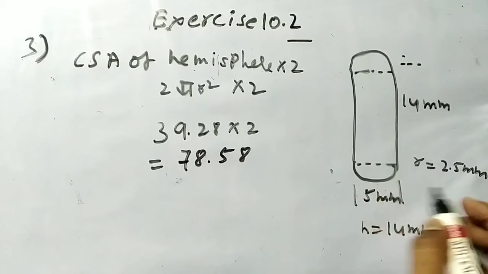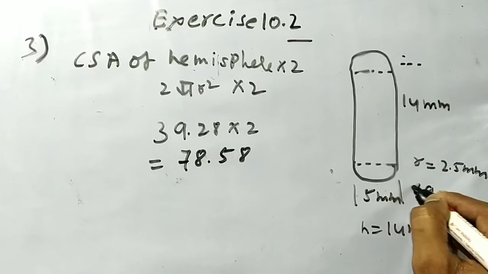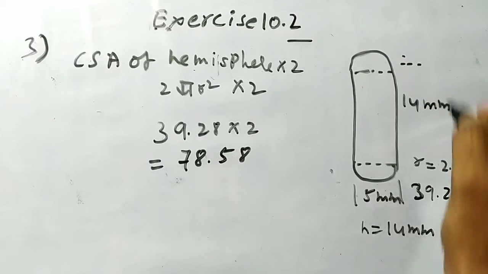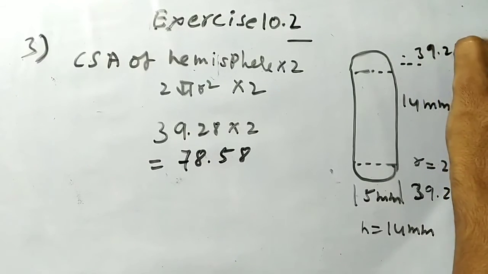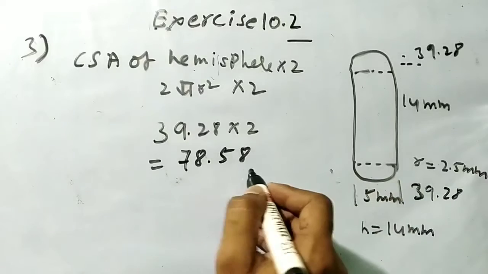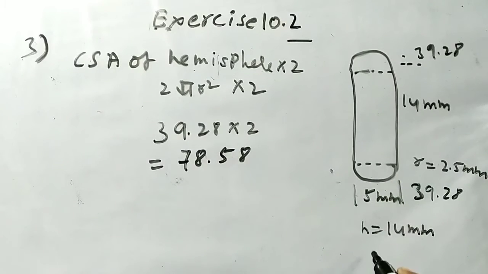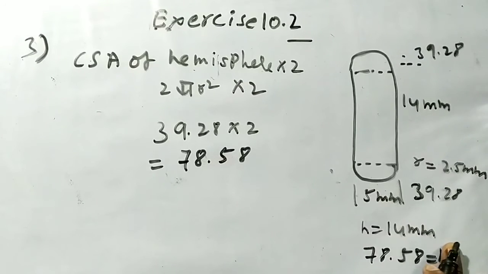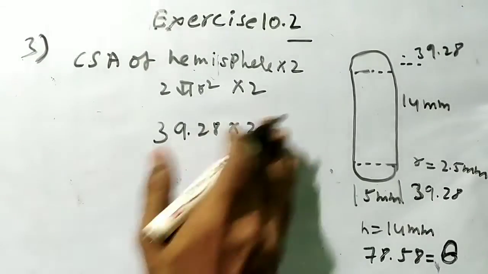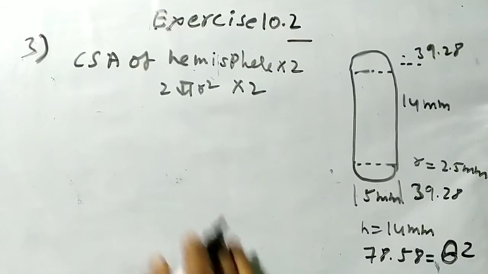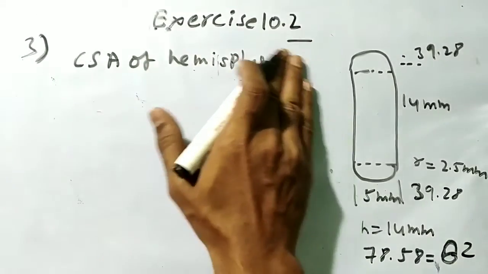So the combination of two hemispheres is 78.58. I will draw an image, just an image. That is the hemisphere, total 2.